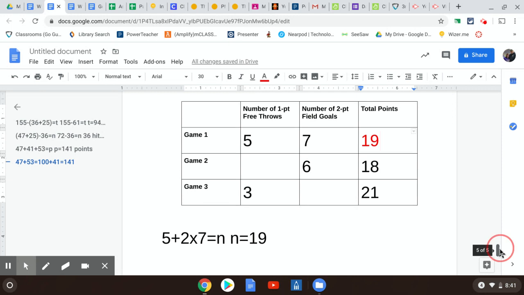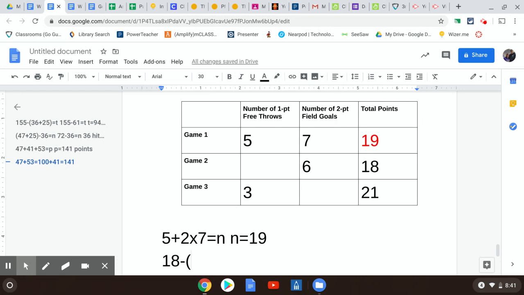Okay, game 2. Now we have the number of 2-point field goals and the total, so we have to work backwards. I'm going to start with 18 for my total, and I'm going to subtract from it the number of points that I got in my 2-point field goals. So I need to make sure that I multiply first in this one.